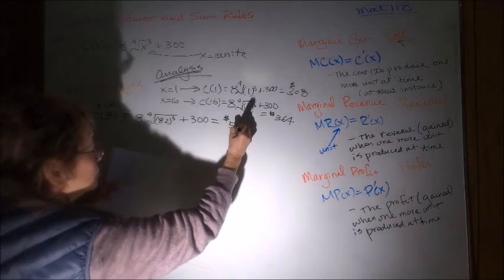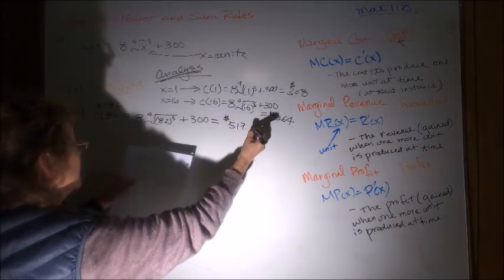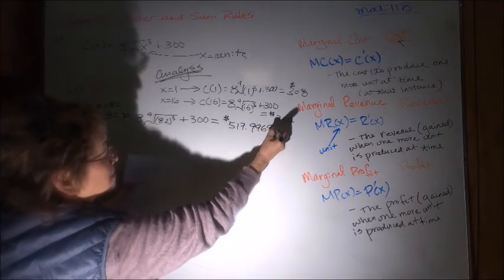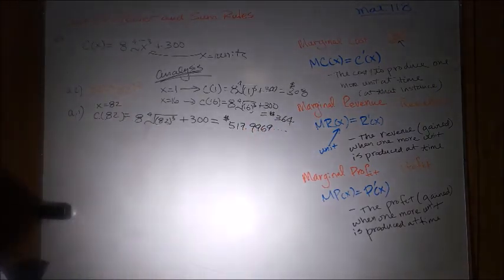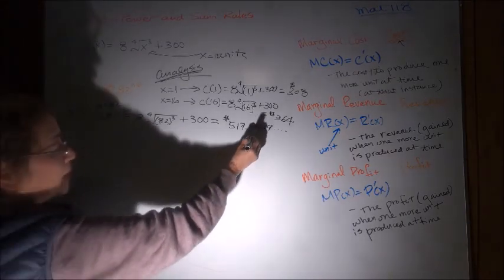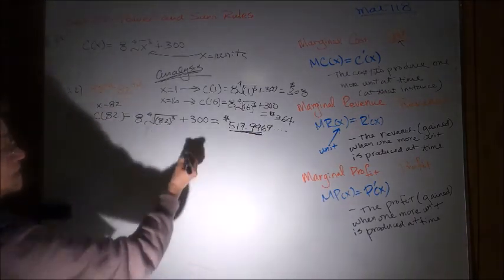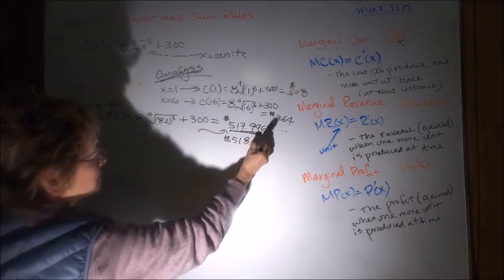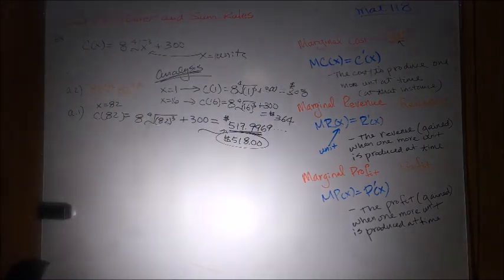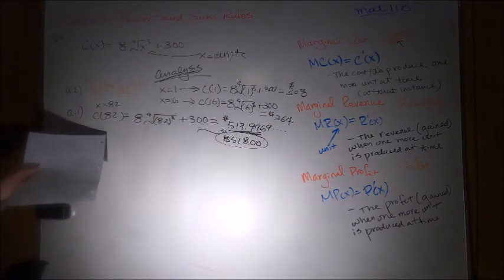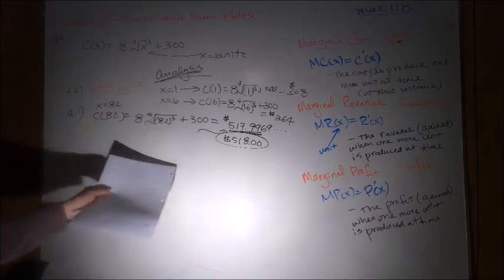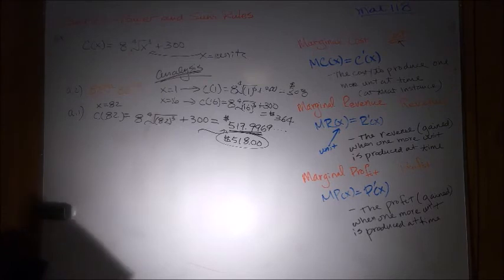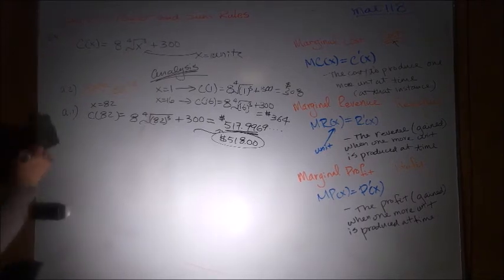It will be 518.9969, something like that. But for money, we round it to the pennies. So that would be $518. So C of 82 is telling you it will cost $518 to produce 82 units in total.